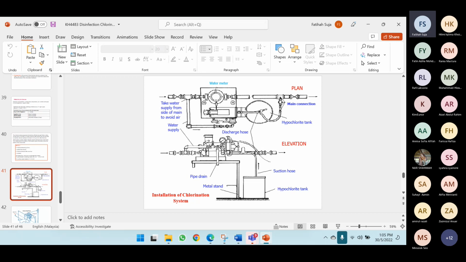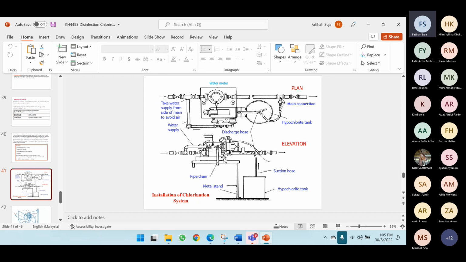Okay, this is a photo showing you how you supply this gaseous chlorine, or you can use liquid chlorine. You have all this control valve.